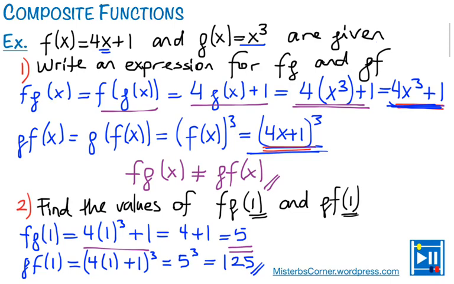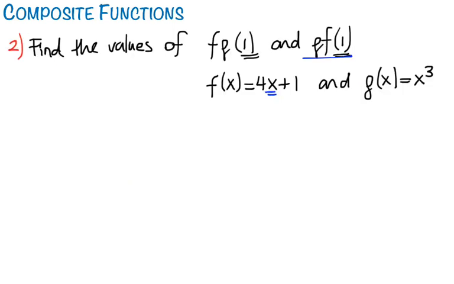Now for fg of 1 and gf of 1, for finding the values, there is another way which I will show you now. Just because the definition of the composition is that you substitute one function into another, fg of 1 will be f and inside it g of 1.